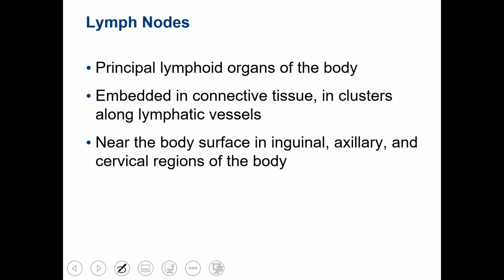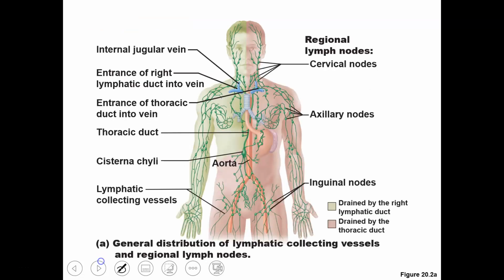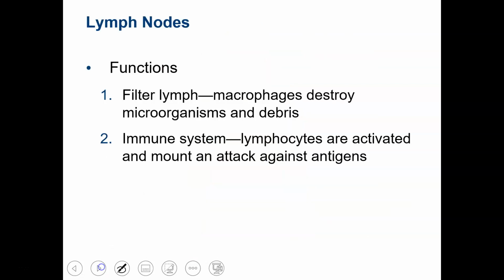The lymph nodes, big time important lymph organs of the body. These are filters. So along this pathway of drainage, these are filters. And you see like the little nodes. Some of them are palpable, cervical, axillary, and inguinal nodes are pretty close to the surface. But as this fluid is getting pushed through the lymphatic vessels, this filters all the junk out so that junk doesn't go back into general circulation.